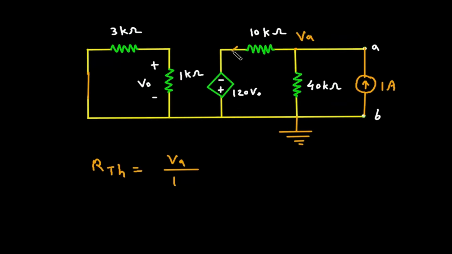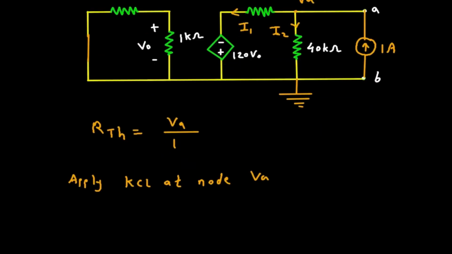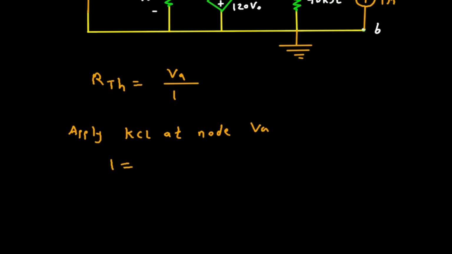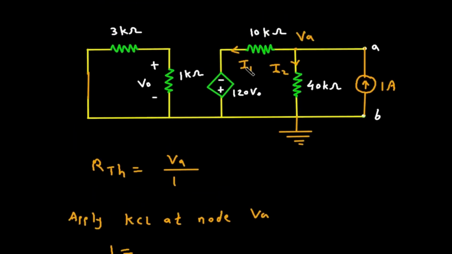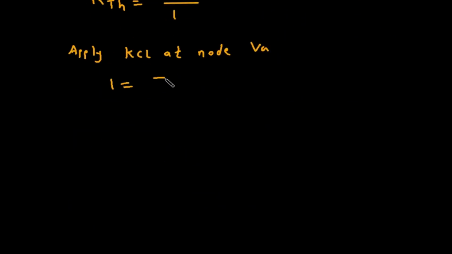Now let's say this is current I1, this is current I2. Now we will apply KCL at node VA. The summation of all the entering currents, 1 ampere, is equal to the summation of all the currents leaving the node. So I1 plus I2, so 1 is equal to I1 plus I2.